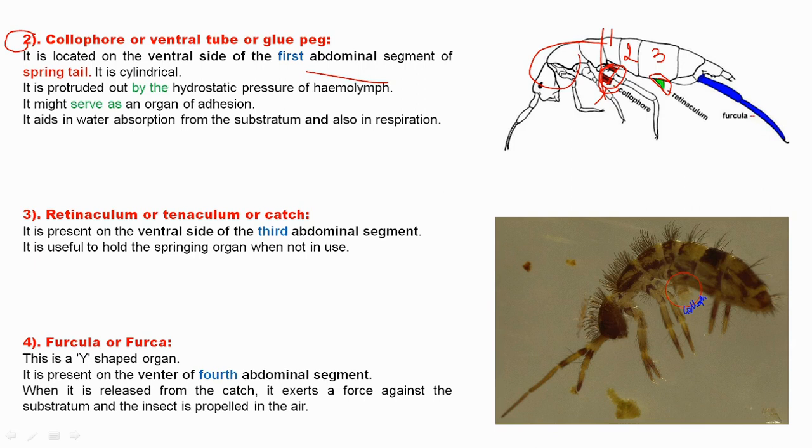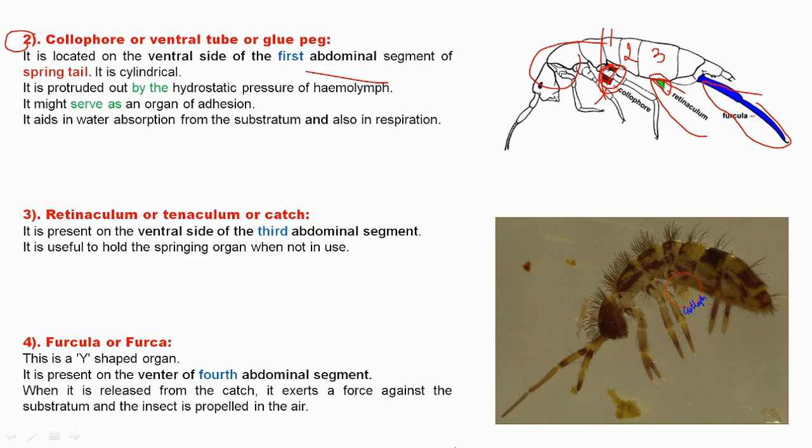What is the use of the retinaculum or catch? It is useful to hold the springing organ. This furcula or furca is a springing organ in springtails. When it is not in use, the retinaculum holds it. So it is useful to hold the springing organ when not in use.